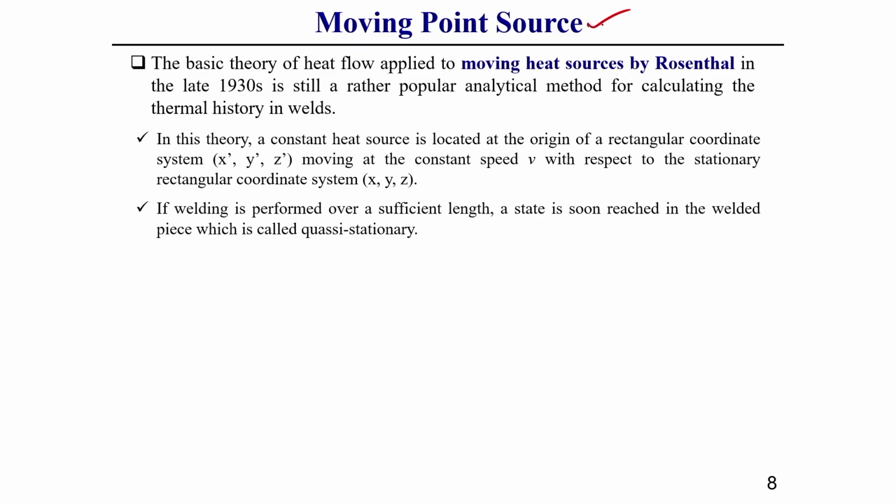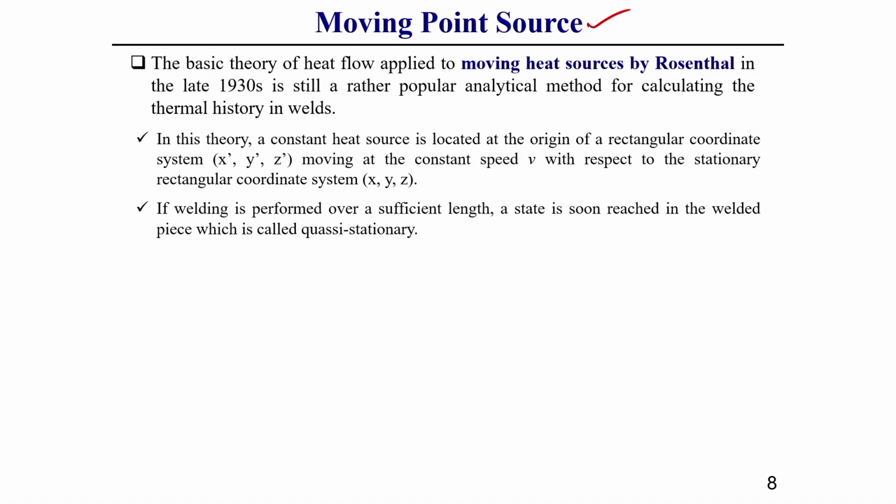The concept of a moving heat source is very popular in welding technology for prediction of the thermal history of a welded structure, that is, how the temperature varies over a plate due to a moving heat source. Especially, here we will discuss the moving point heat source and its solution for the thin plate case and thick plate case in this lecture.